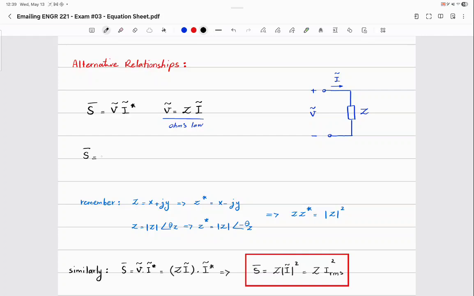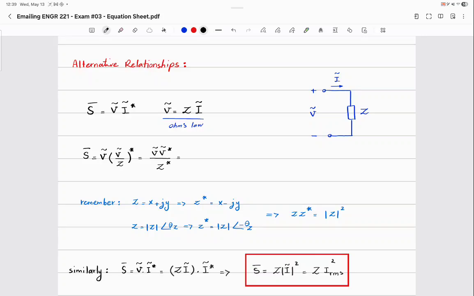So I'm going to write V tilde itself. Instead of I tilde, can I write V tilde over Z based on Ohm's law? And then conjugate it. When you conjugate a fraction, both numerator and denominator will be conjugated. So it will be V tilde conjugate divided by Z conjugate.